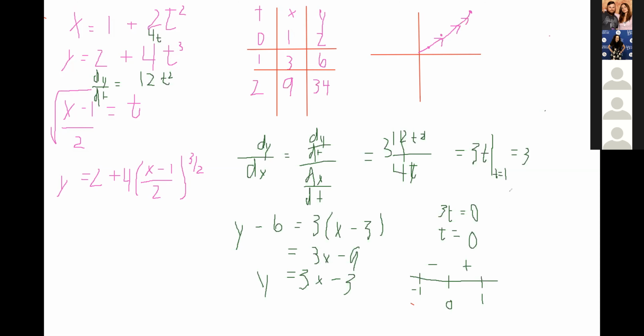So decreasing from negative infinity to 0. Would that be a hard or soft bracket? Never include the points, because at those points it's 0. Okay, that makes sense. So decreasing and then increasing from 0 to infinity. Looks good.